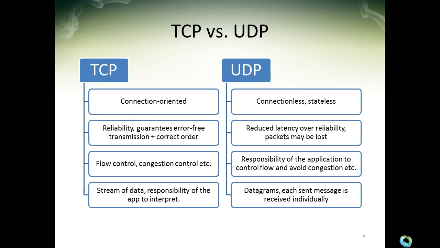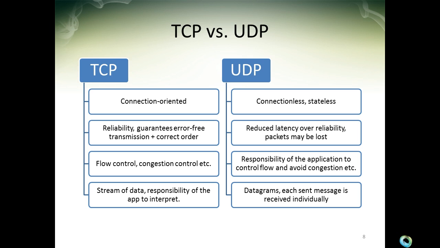Once you have decided that you want to work with sockets, you have to choose between TCP and UDP. So I want to quickly talk about the similarities and differences between both, to give you an idea and a bit of a better feeling of what you should base your decisions on when you choose between both.